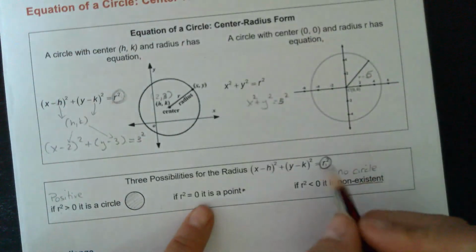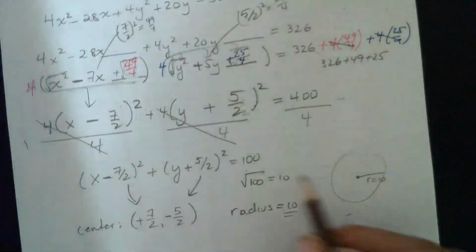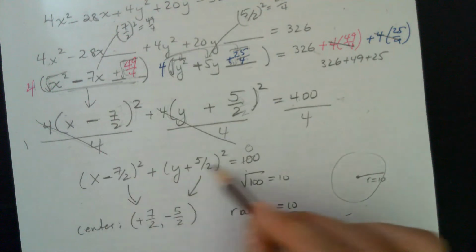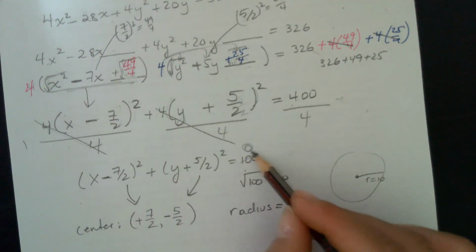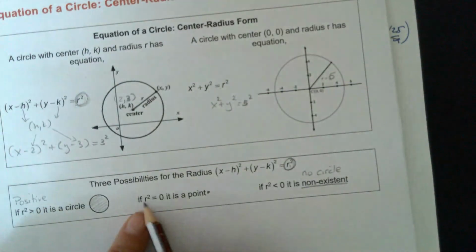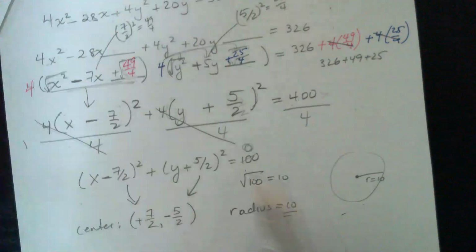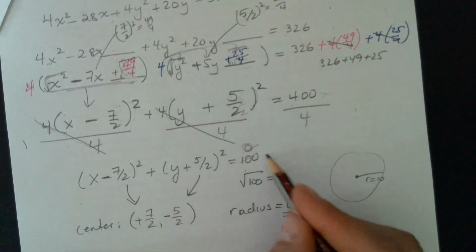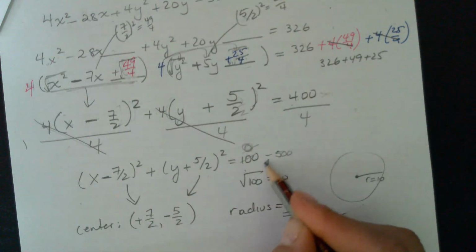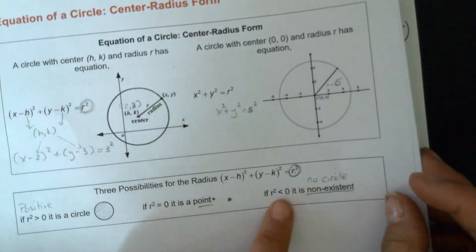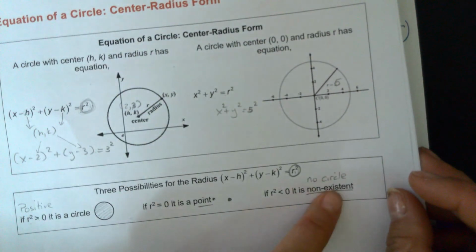If instead of 100 we had 0, say we got this all nice and it ended up being 0, then it would just be a point, like this, bloop. If we did this, and it was, say, negative 500, a negative number, then we would say the circle does not exist.